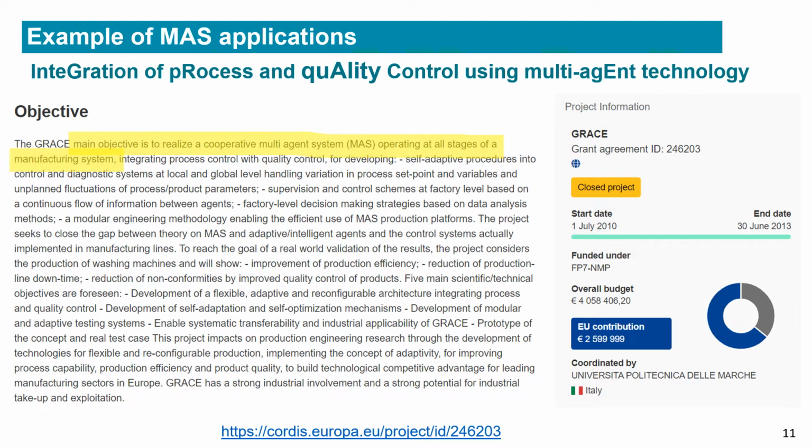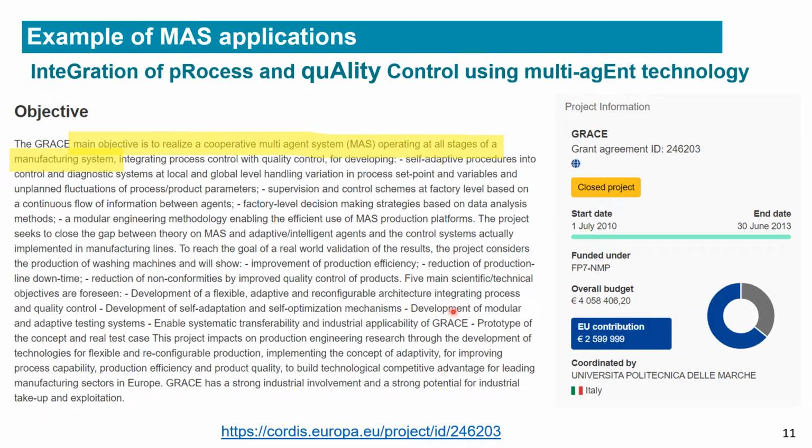In this slide, we try to give an example of MAS applications. As an example, we have a project with a tighter integration of process and quality control using multi-agent technology, which is called GRACE. This project has a main objective, which is realizing a cooperative multi-agent system operating at all stages of the manufacturing system.